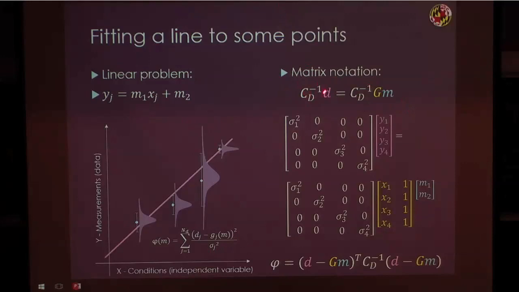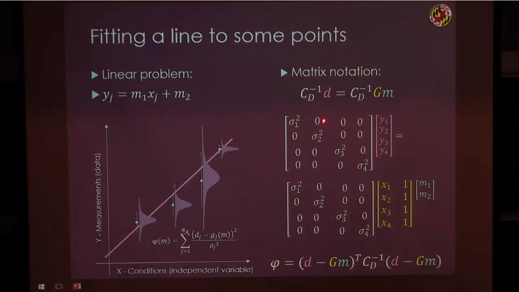And you essentially just rewrite your equation d equals Gm, except you weigh each one of the equations by the inverse of the covariance matrix. So there's actually a missing inverse right here. So 1 over sigma squared, 1 over sigma squared, 1 over sigma squared, 1 over sigma squared on each one of these.